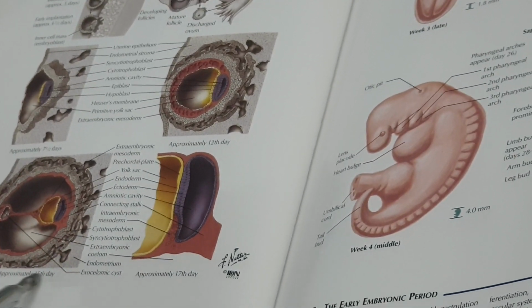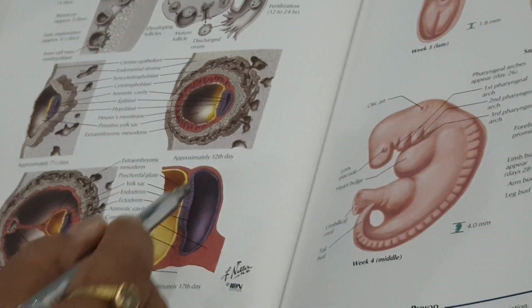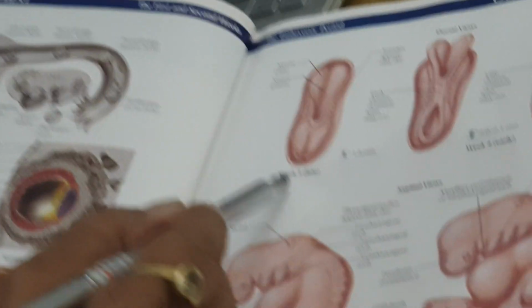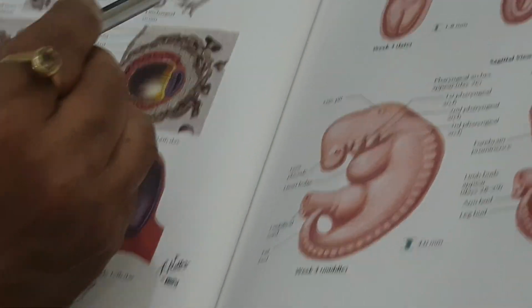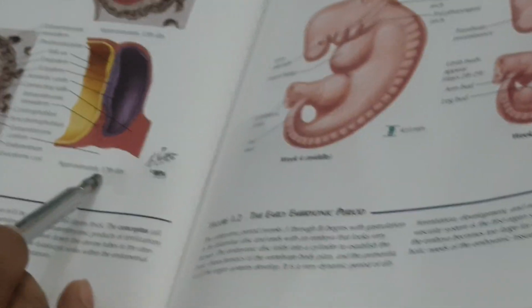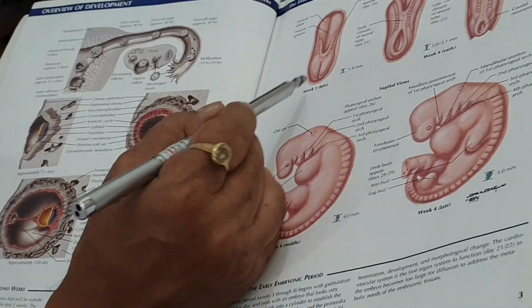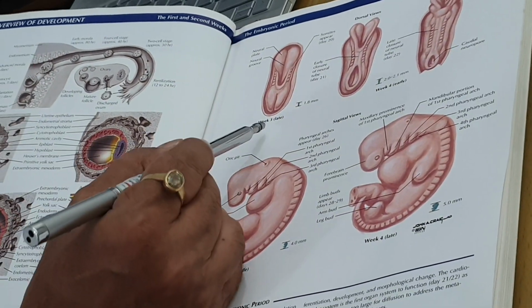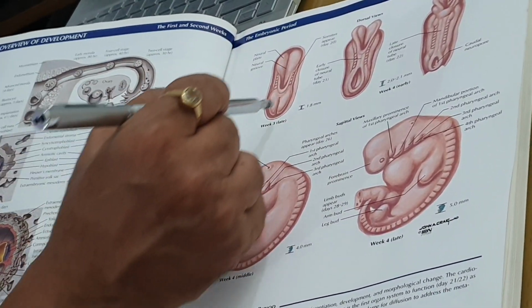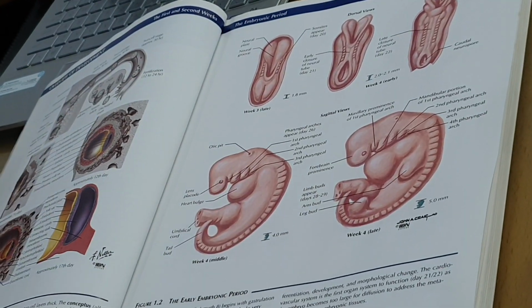Most of the time the urine pregnancy test comes positive around the 17th day from fertilization. So I can add 2 weeks more, 3 weeks plus 2 weeks from the last period. So at 5 weeks it occurs like this, and it is 1.8 millimeters.